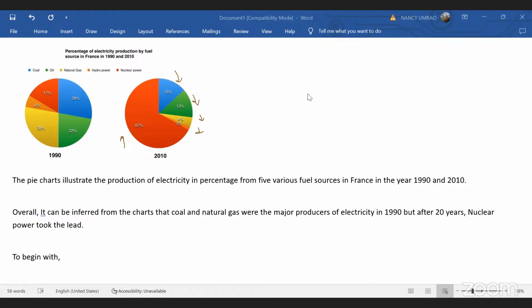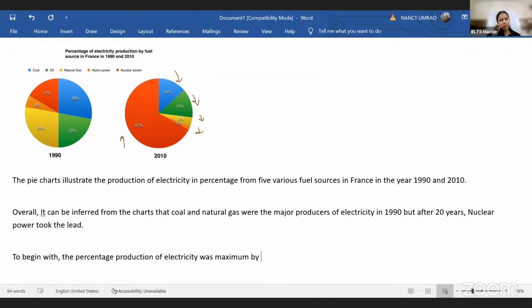Yes, ma'am. So we can say, to begin with, four sources: coal, oil, natural gas, and hydropower. We can write with the subject. The subject is the percentage production of electricity.